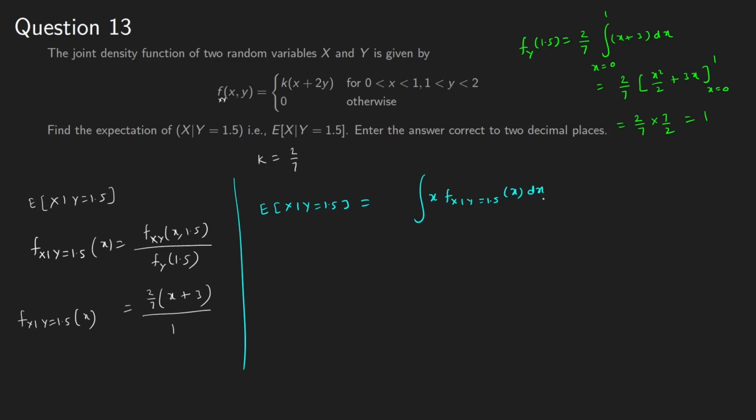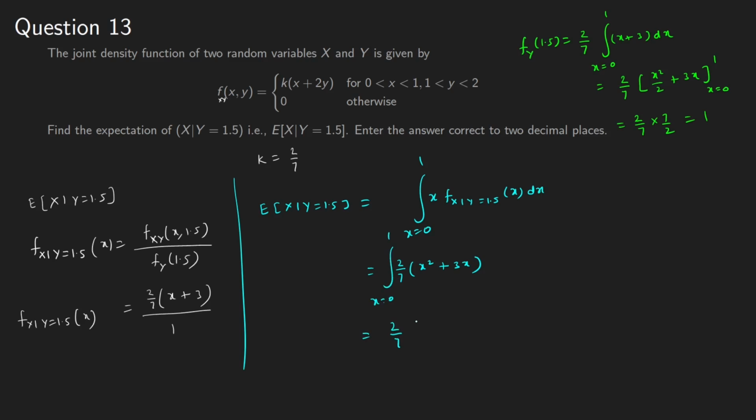We will integrate it with respect to x, and x goes from 0 to 1 over the full range of x. So here we have the conditional PDF. It will be 2 by 7, x we can take inside, so it will be x squared plus 3x. This is being integrated from 0 to 1.